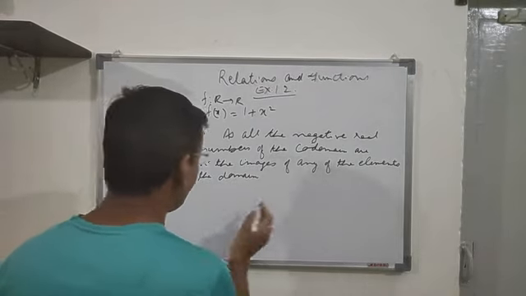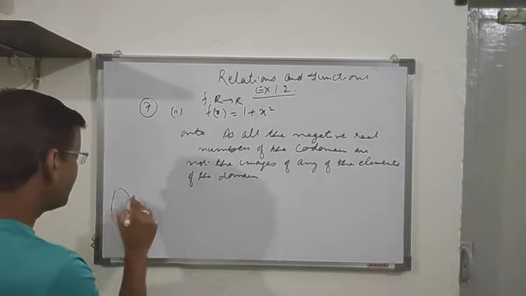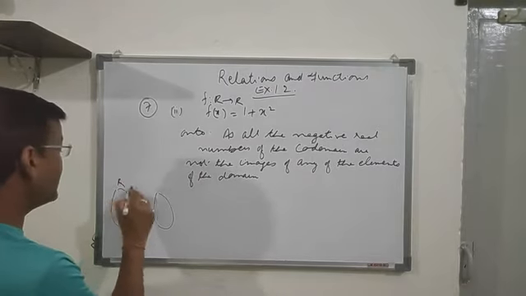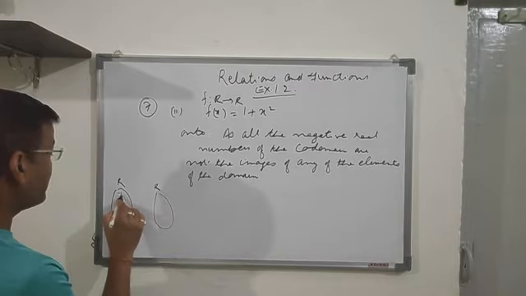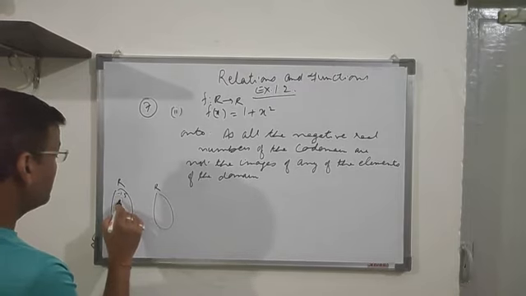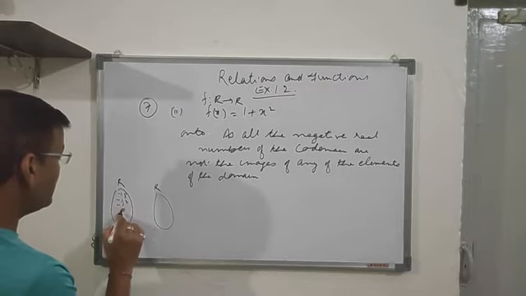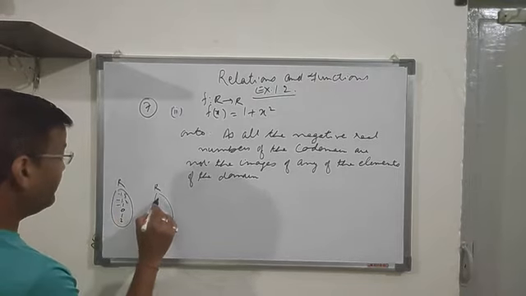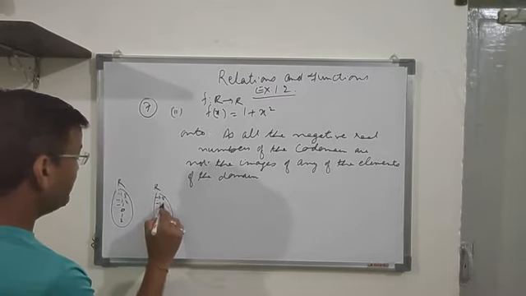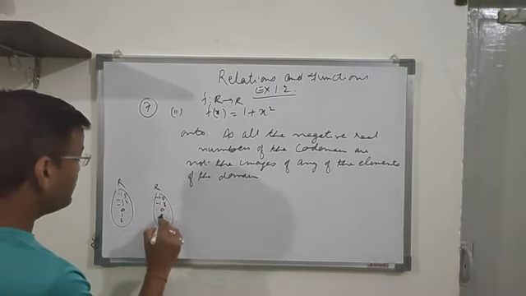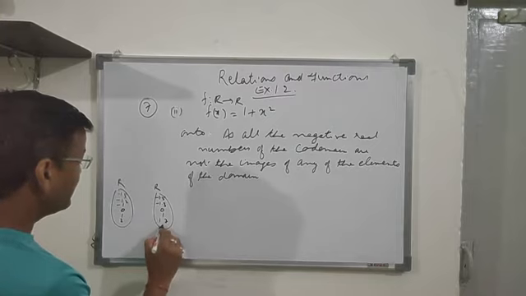That means if I see with the help of a figure, there's a set of real numbers, and another set of real numbers. On one side I take minus 1.5, minus 1.2, minus 1, 0, 1, 2, and on the other side again minus 1.5, minus 1.3, 0, 1, 1.7, 8.